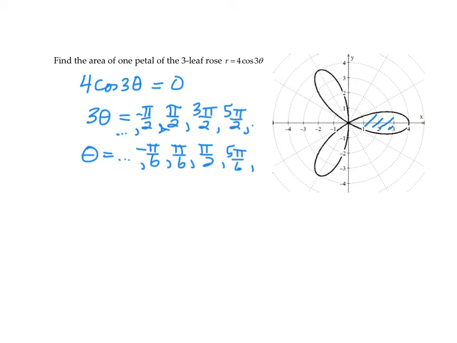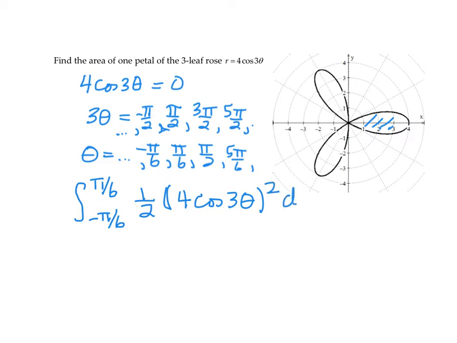How do you find the area of the petal? Well, you integrate from negative pi over 6 to pi over 6 one half r squared d theta, where r is 4 times cosine of 3 theta.